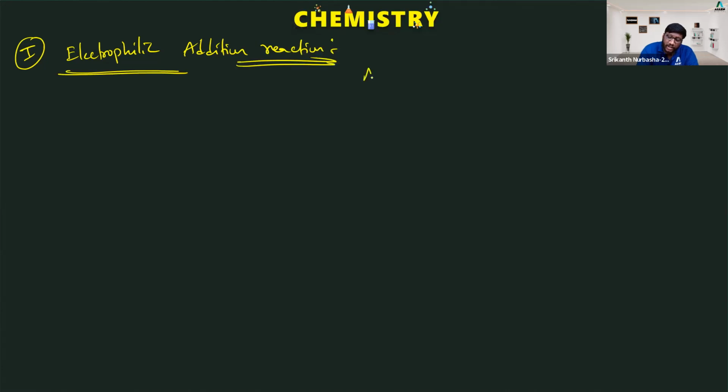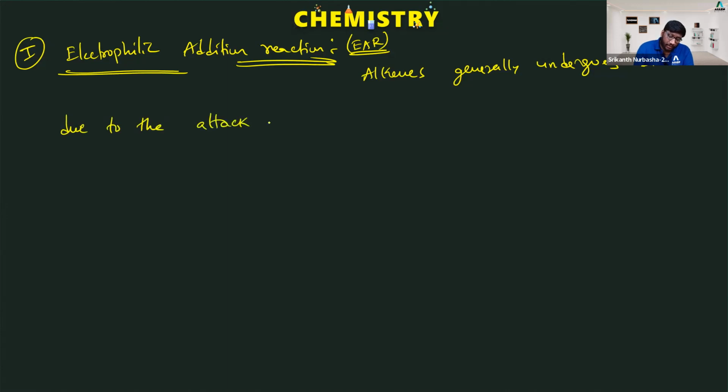Alkenes generally undergo electrophilic addition reactions, or EAR for short, because of the attack of the pi electron density of alkene to the electrophile in the first step.